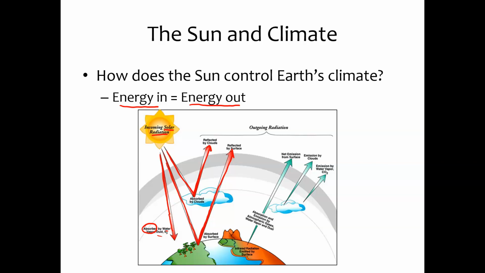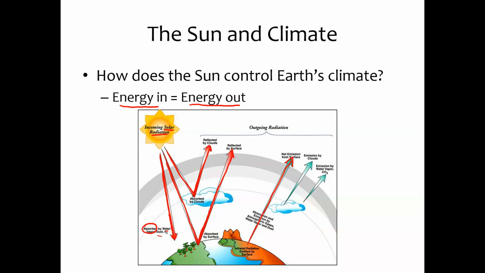As the temperature of Earth increases, it actually emits radiation. So if you ever put your hand over, say, the warm asphalt in the summertime, and you can feel heat coming off of that, what you're actually feeling is infrared radiation. The Earth is actually emitting radiation. And if left unimpeded, that radiation can go all the way to space. So there's a balance between the energy coming in, absorbed by Earth, and the energy going out, emitted by Earth because it has a particular temperature.